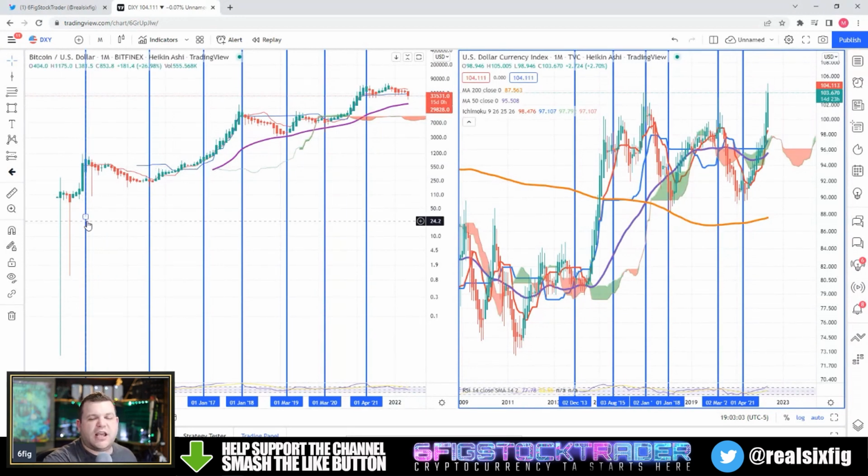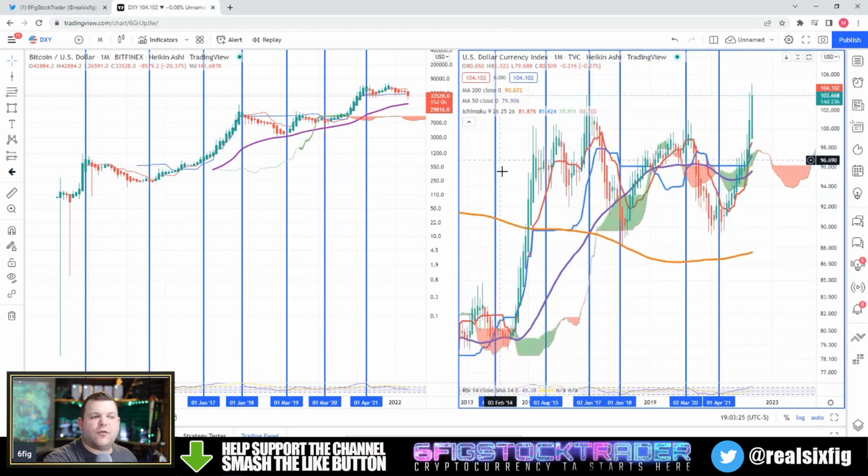So when we had this peak of the Bitcoin crypto market rally back in December of 2013, again, this is on a monthly chart, we can look at what happened. Well, we had this amazing peak, and then we went into some sort of bear market. And what happened during this same time frame for the US dollar currency index?